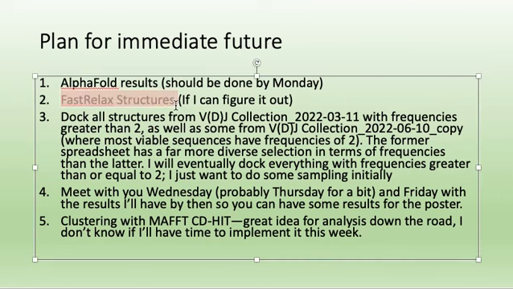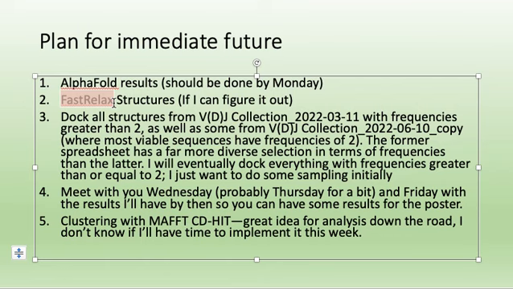I'm not going to do regular relax because regular relax takes about 2 hours per structure. I'm just going to do fast relax. I read somewhere, it wasn't a paper, it was a thing on his website, that said fast relax and regular relax are very comparable in performance for the most part.